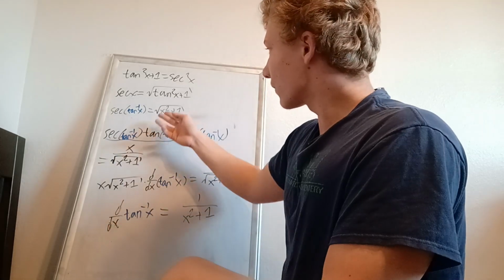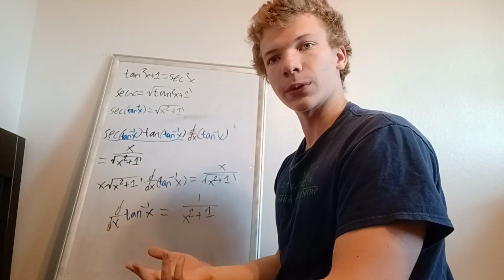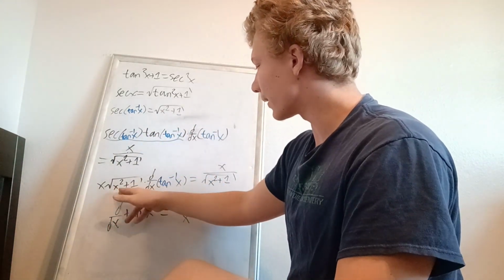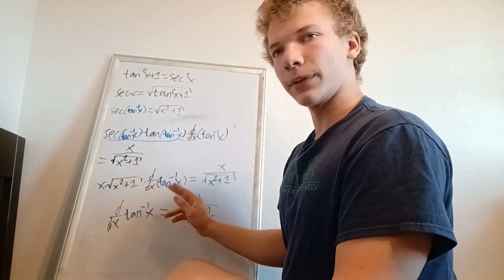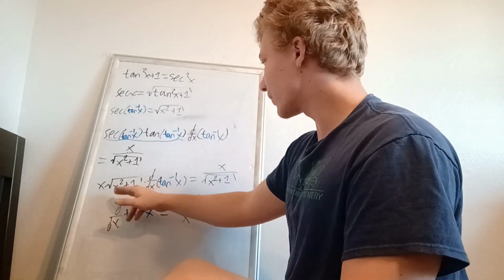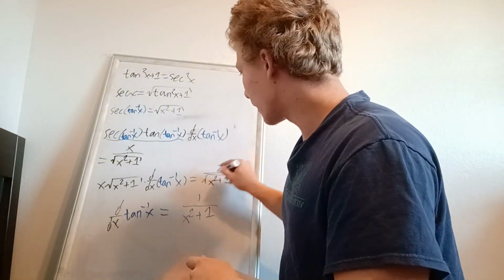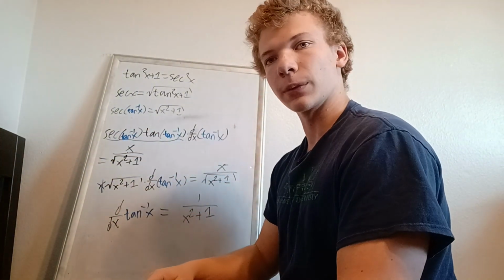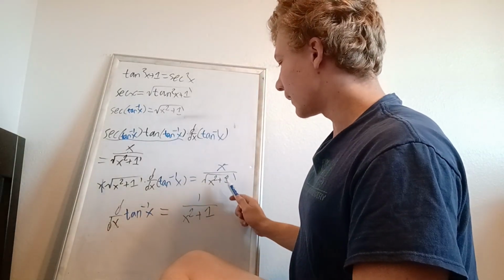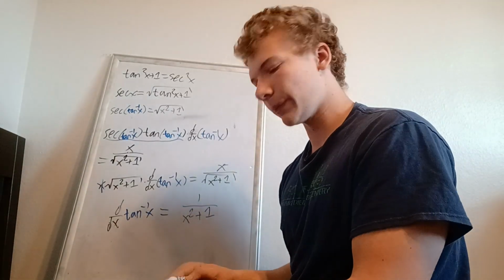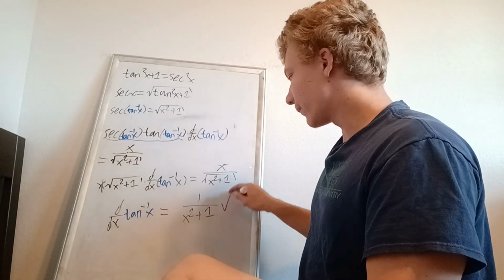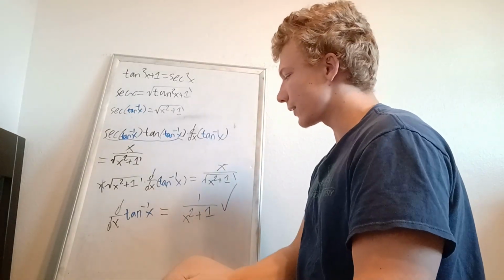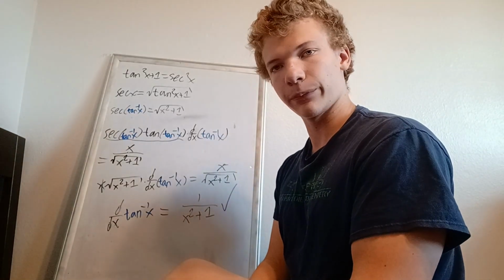Except we already have an expression for it right here. It's just the square root of x squared plus 1. So we plug that in here, and then the derivative comes down as well. Dividing both sides by x, this x will cancel and this x will cancel. And when you divide by root x squared plus 1, you'll be multiplying it in the denominator, and the square root will cancel, and you will get this expression. So the derivative of arctangent x is equal to 1 over x squared plus 1.